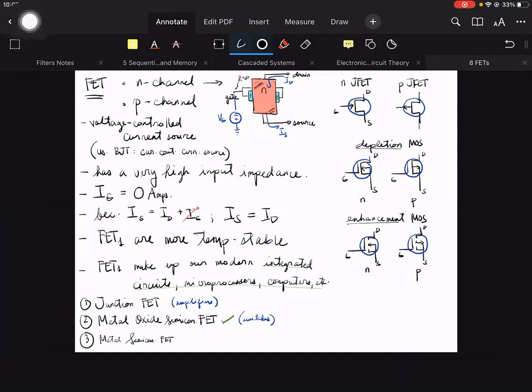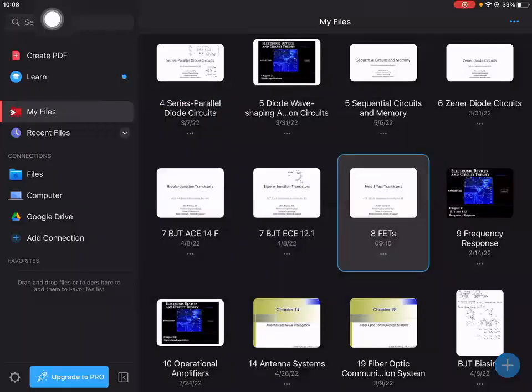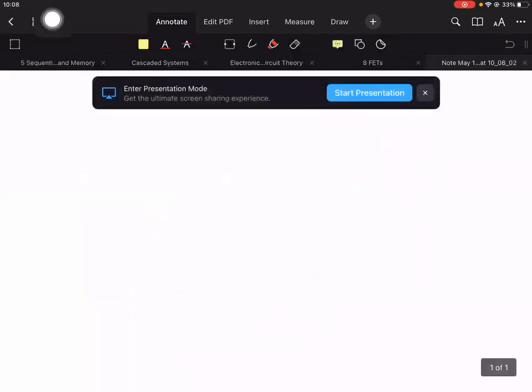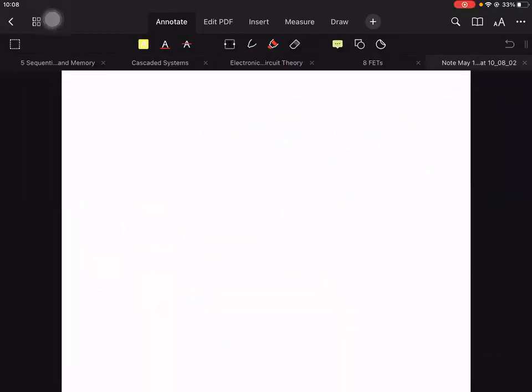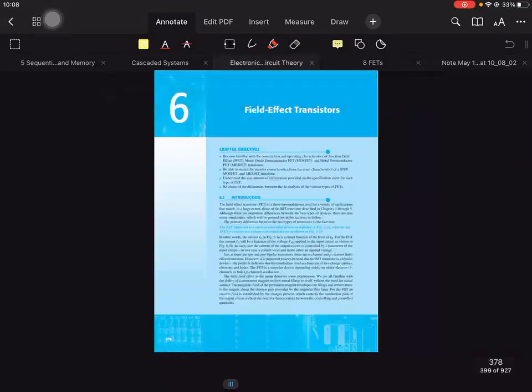For this morning I just want to emphasize how to obtain ID and VGS for JFETs. Because again, as I said earlier, it's a bit complicated. It involves a quadratic equation, but that's manageable.